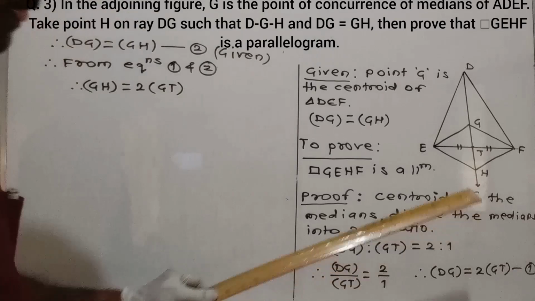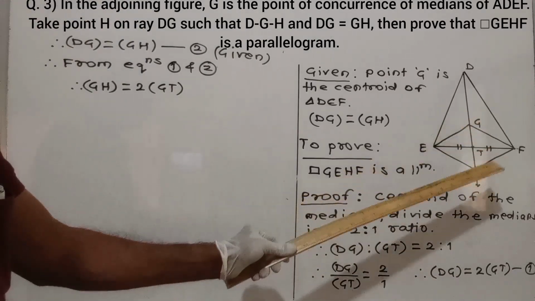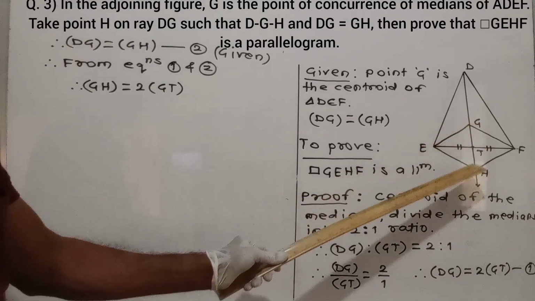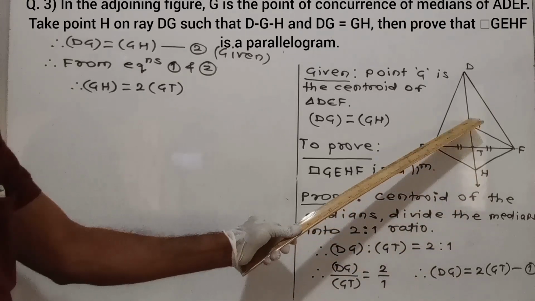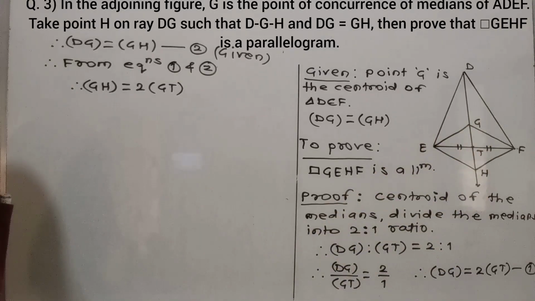Now see this carefully. Now here total GH is 2 times of GT. Then what do we say about this T?